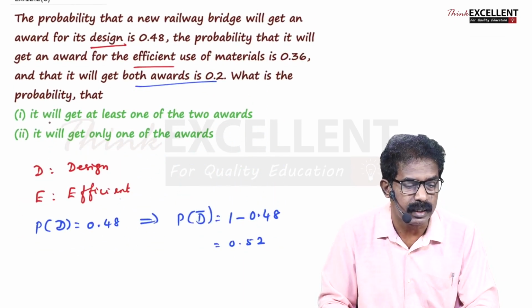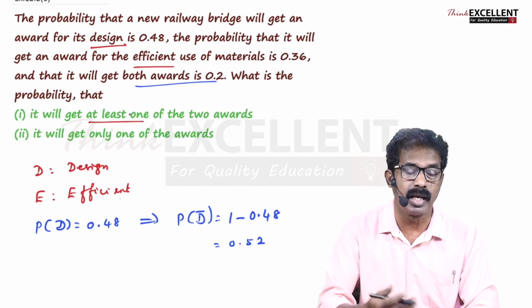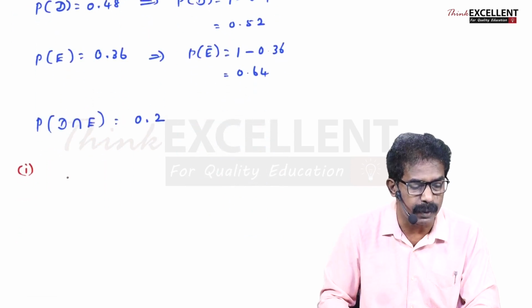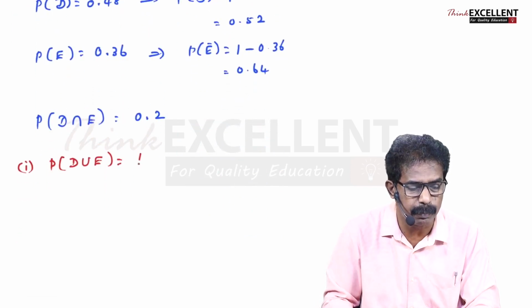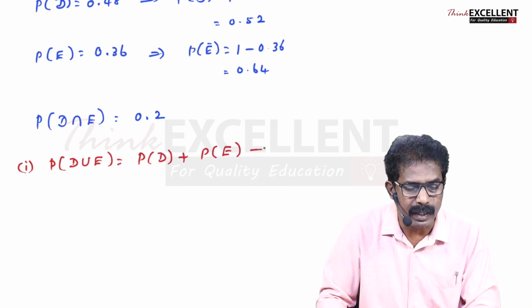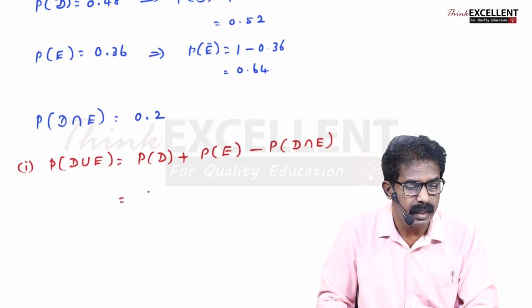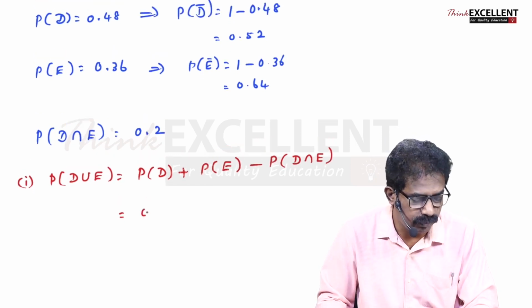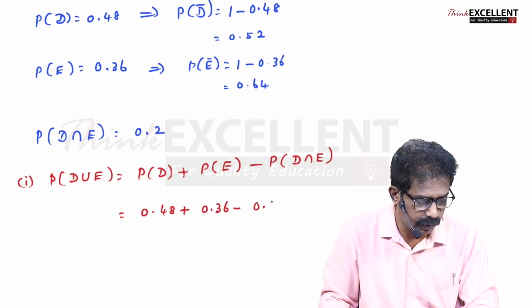See the first subdivision. What is the probability that it will get at least one of the two awards, either A or B? Here it is D or E, at least one award, D union E. Addition theorem, right? P of A plus P of B minus P of A intersection B. Here instead of A and B, I have taken D and E. P of D 0.48 plus P of E 0.36 minus the intersection 0.2.